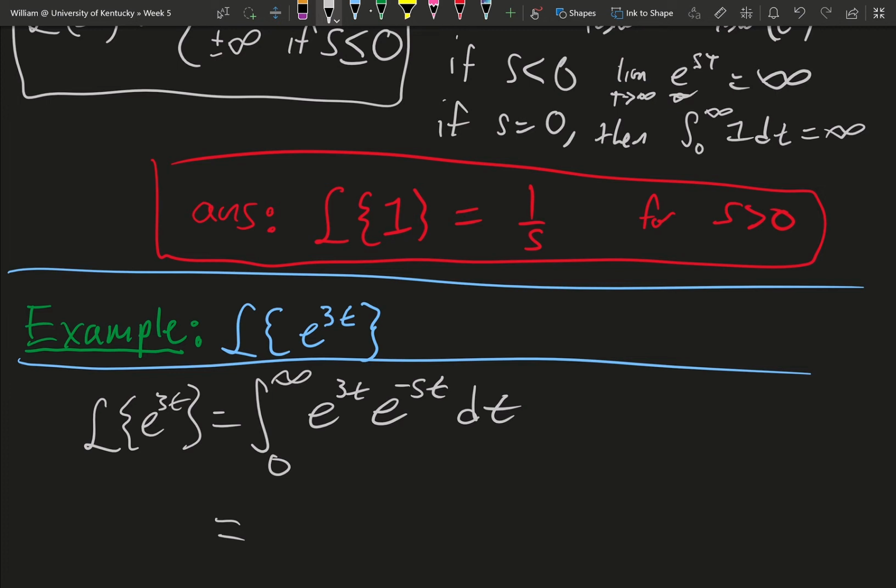Note that is an s, not a 5, but we can combine that together. So e to the (3 minus s)t dt.